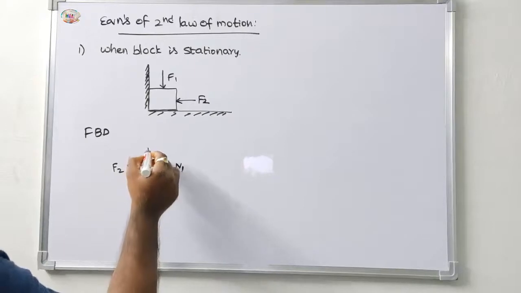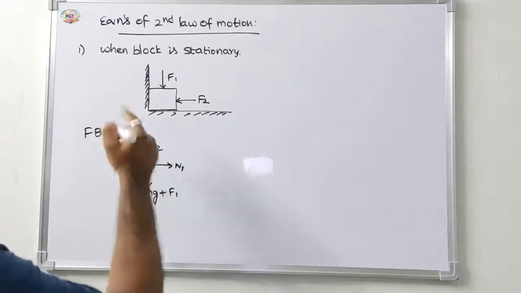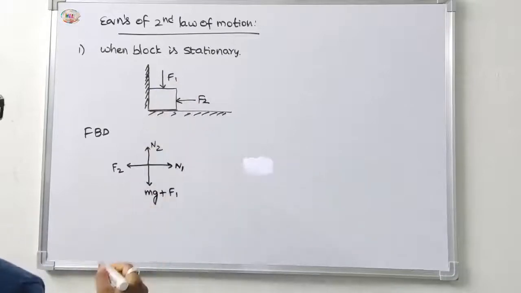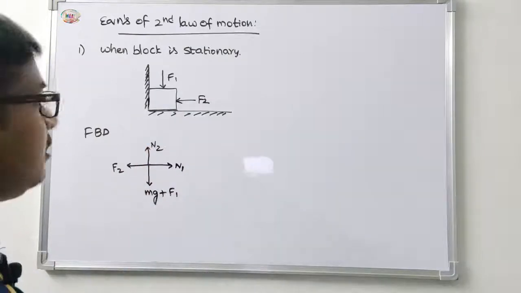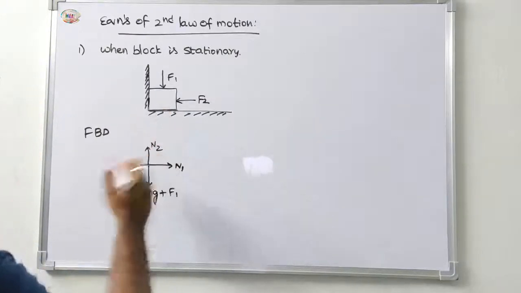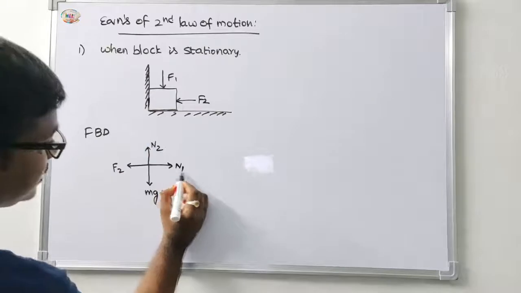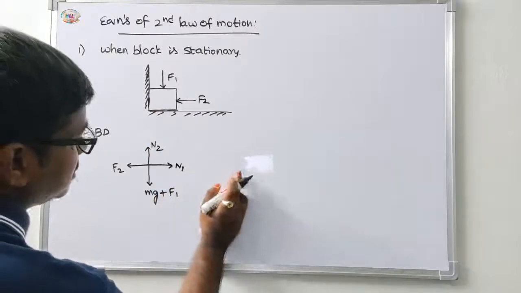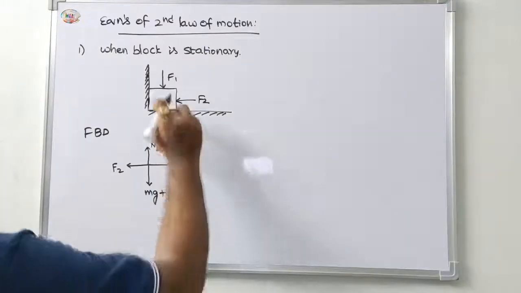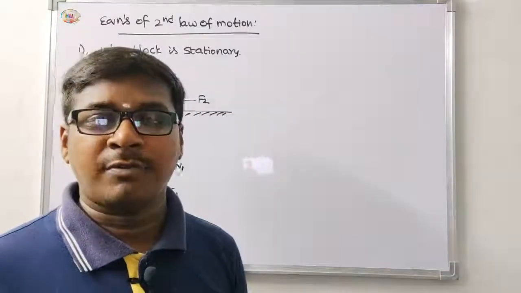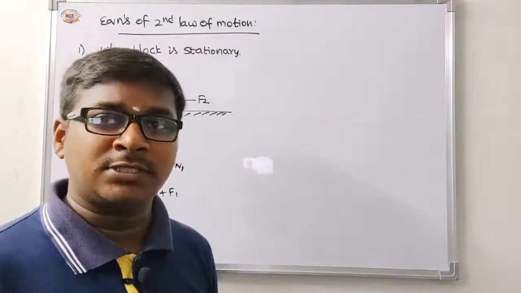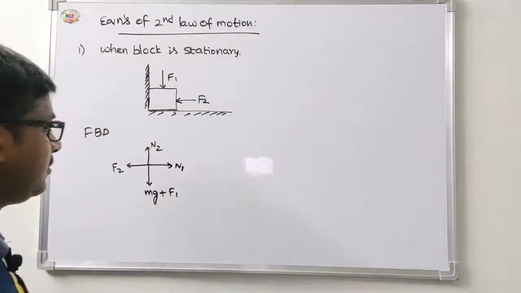The normal force N2 is acting upward. The wall and block are in contact with each other, so the normal force acts in this direction. The first normal force, and the second normal force acting upward.